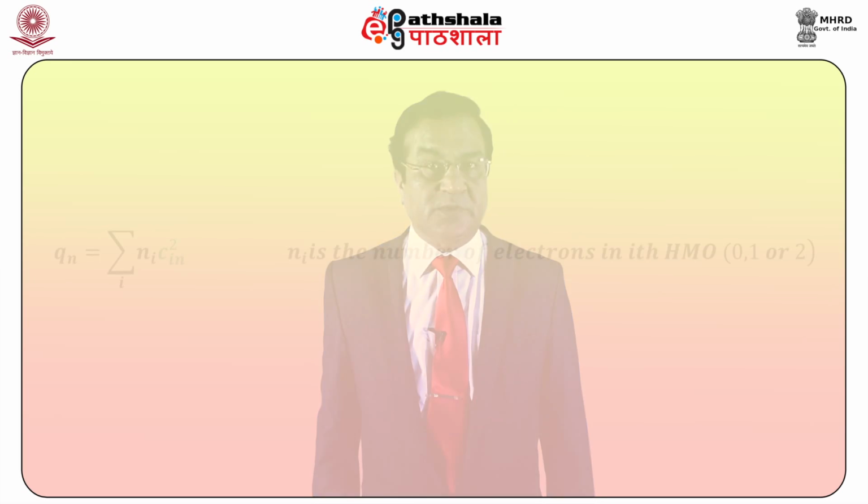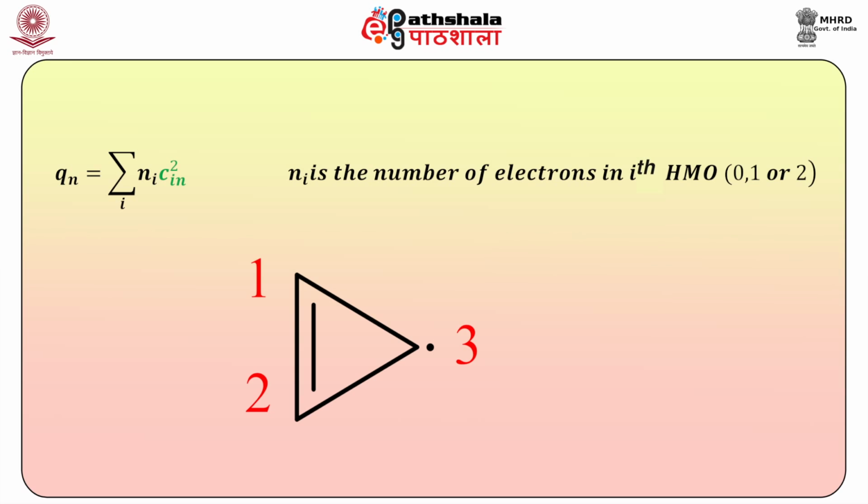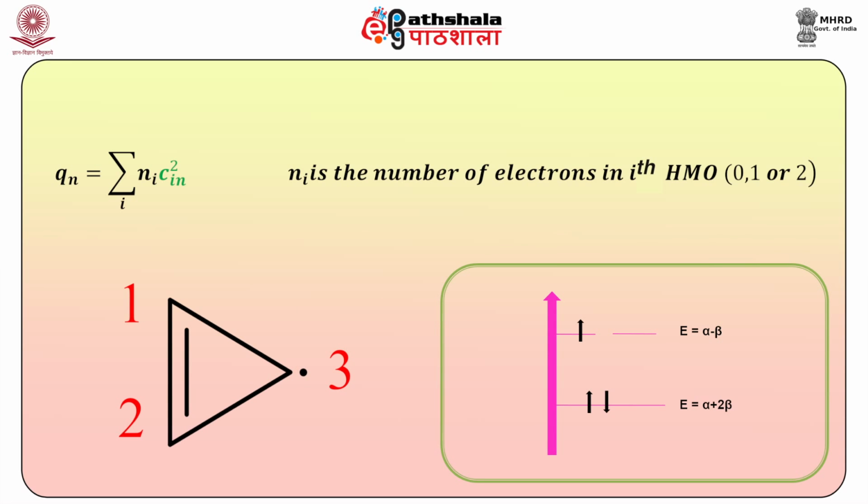density at each of the carbon atoms. Electron density is given by the following general relation. Qn is equal to summation Ni Cin square. So in the case of cyclopropenyl radical, as you know, it is a 3 pi electron system. 2 pi electrons are in the energy state 1, which is with the energy alpha plus 2 beta, while the third electron may be placed in either of the two energy states E2 or E3 because they are degenerate.